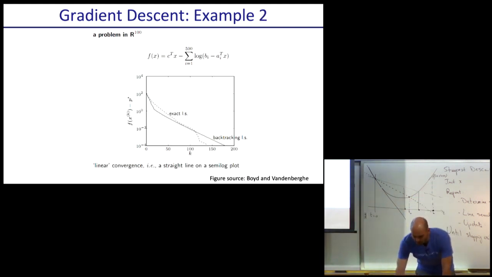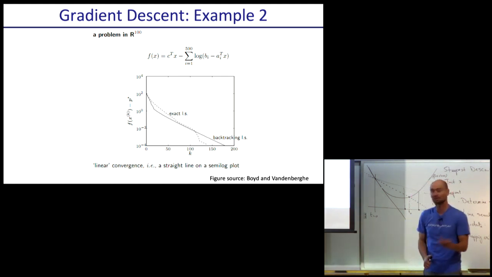This is a low-dimensional problem. You could say, well, how much do I lose by using this backtracking line search compared to exact in a higher dimensional problem? So x is 100-dimensional here, which means the a_i are all 100-dimensional vectors. If you look at the horizontal axis, number of iterations, the vertical axis is how far from the optimum, measured in log scale.